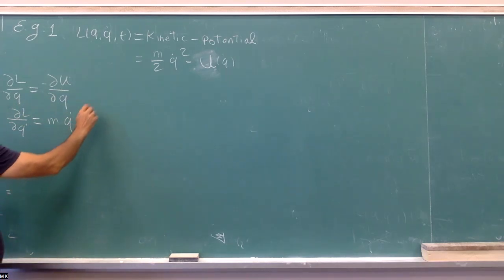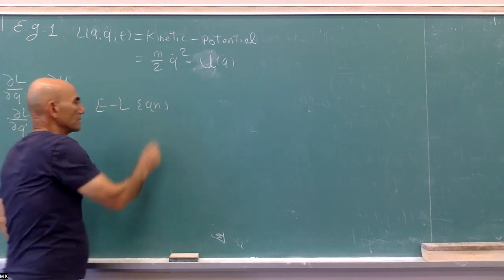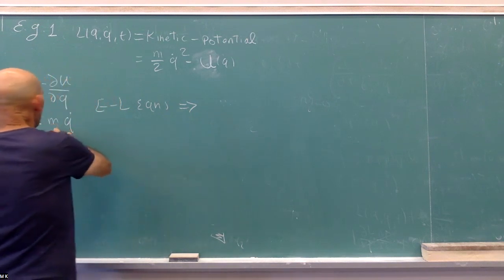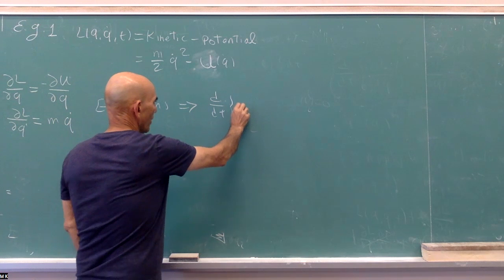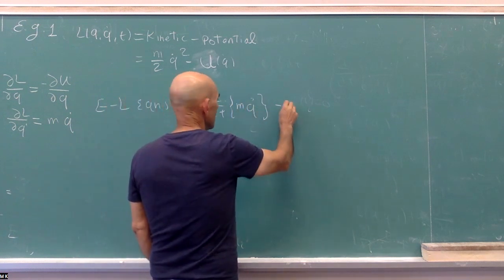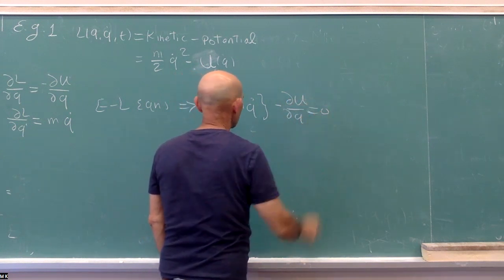So with the Lagrange equations, that gives us that indeed d/dt of m q dot minus, with the sign, dU/dq equal to 0.